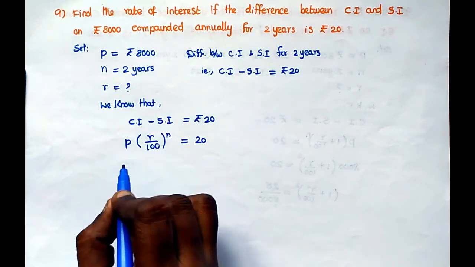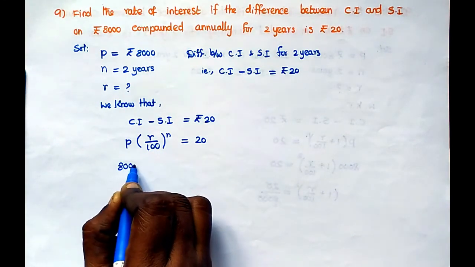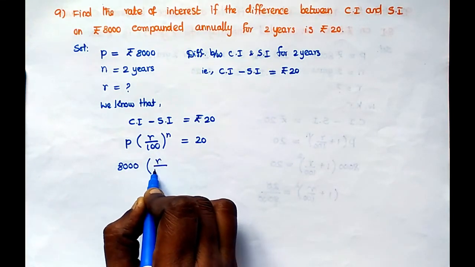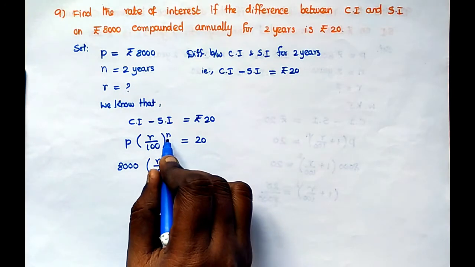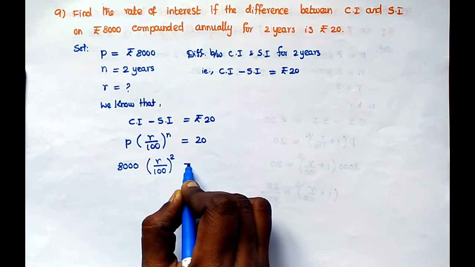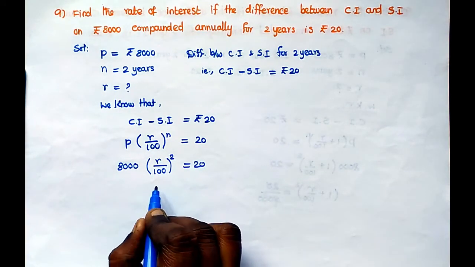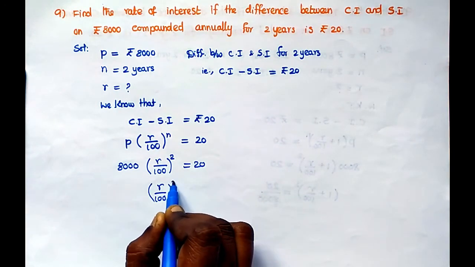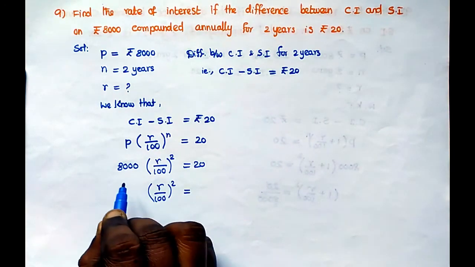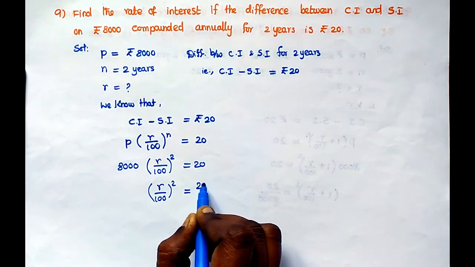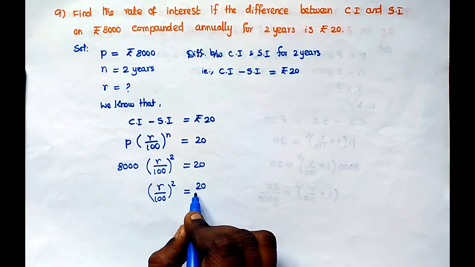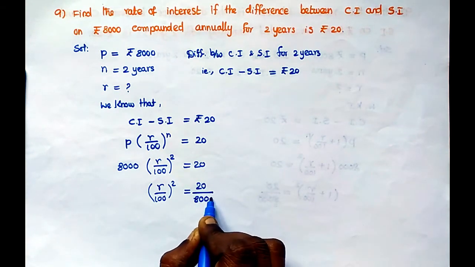Now substitute the values. 8000 into r, we don't know, power n is 2, equal to 20. R by 100 power 2, keep it here, and then 20 here. 8000 is a multiplication, bring this side means division.